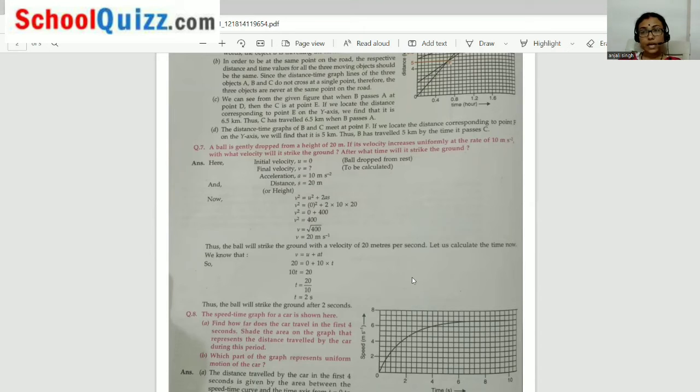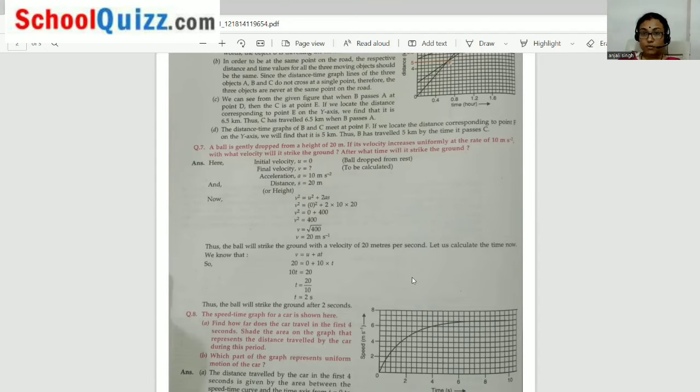Now they are asking how much the final velocity v is, if its velocity increases uniformly at the rate of 10 meter per second square. So 10 meter per second square is the acceleration. Clear?